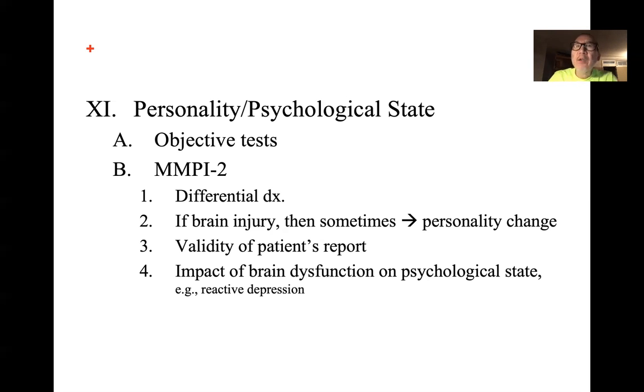But certainly the MMPI is a very common instrument that's used to help support an examiner's determination of whether malingering is going on. In other words, is someone presenting psychological symptoms for some external gain, like money or to get out of jail or something.